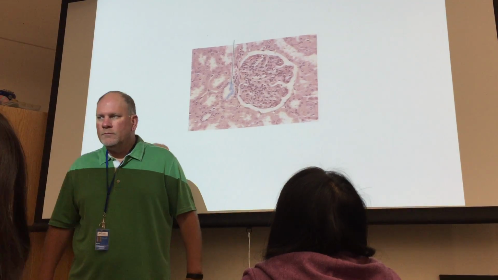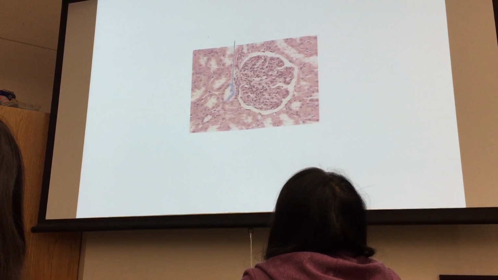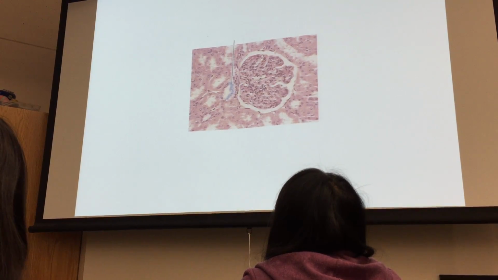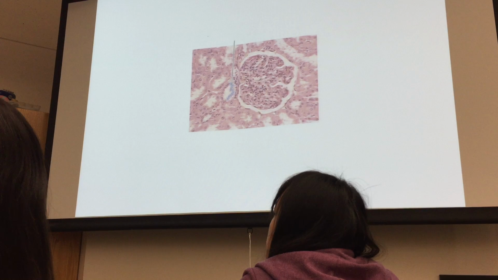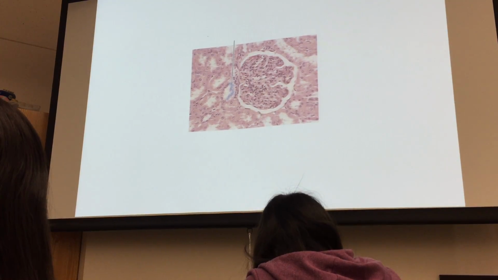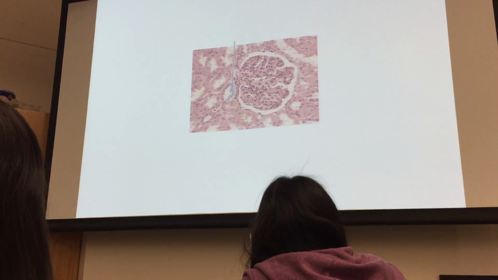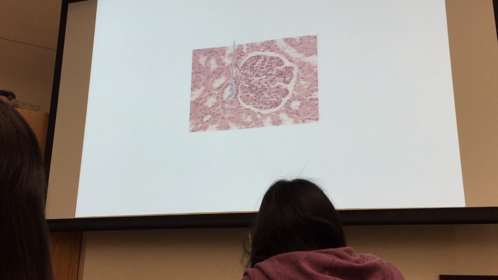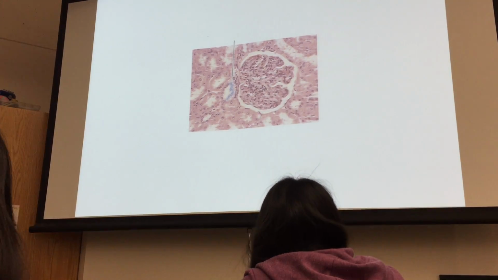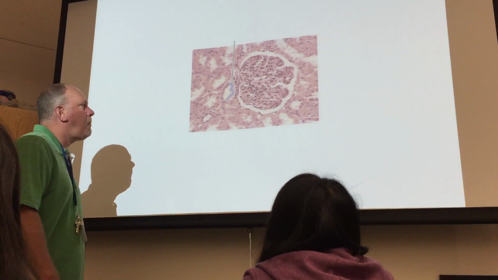The podocytes, which create filtration slits, good. Third thing, which is a mystery, it is drained by a blank. It's the only capillary bed in the body that is drained by an efferent arteriole. All of those are on the exam.